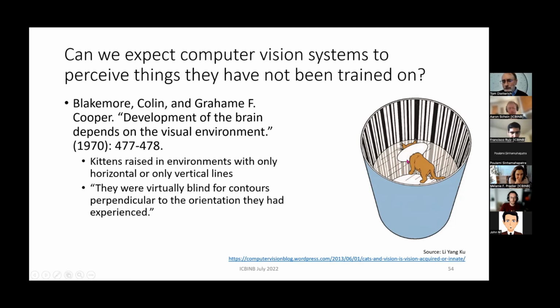They were on a transparent floor in this container, so even the floor they stood on was striped. So those were the vertical kittens, and then there were horizontal kittens, raised on horizontal stripes. What they found was that after being raised in this environment for, I think, 5 months, while their vision systems matured, when they were taken out and placed in environments with a mix of contours, they were virtually blind to contours perpendicular to the orientation they had experienced in training.